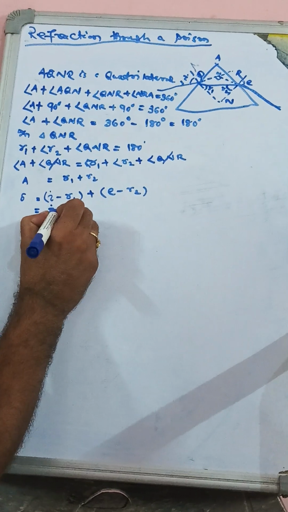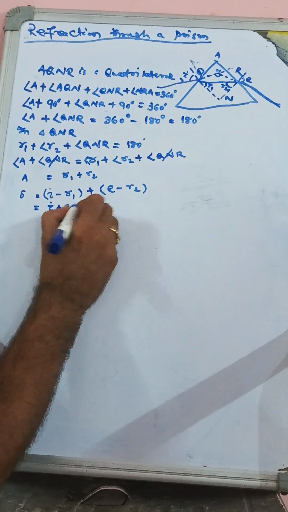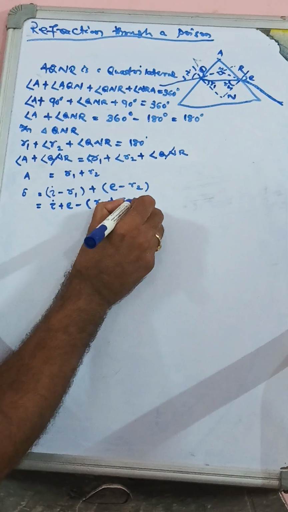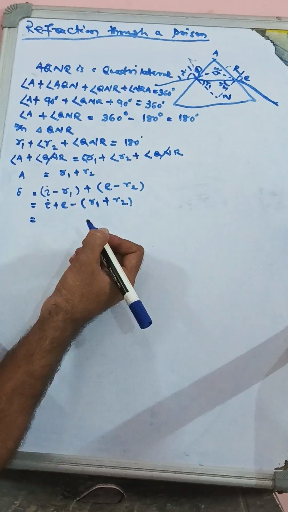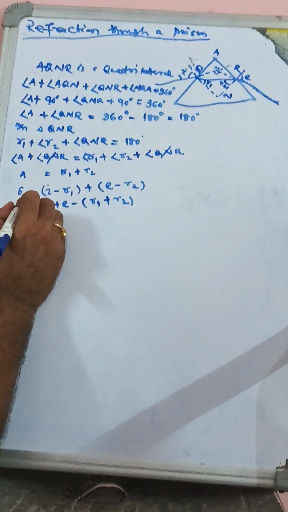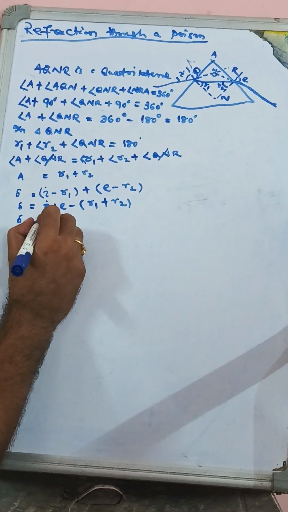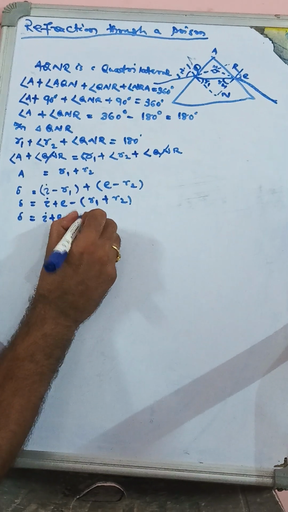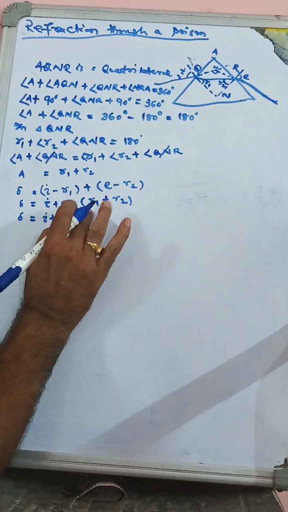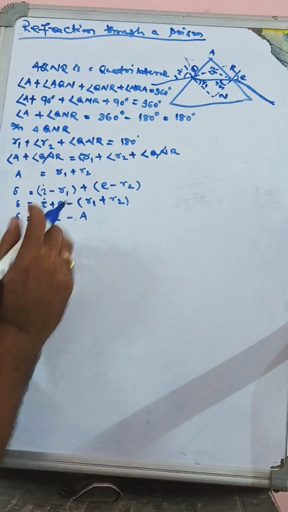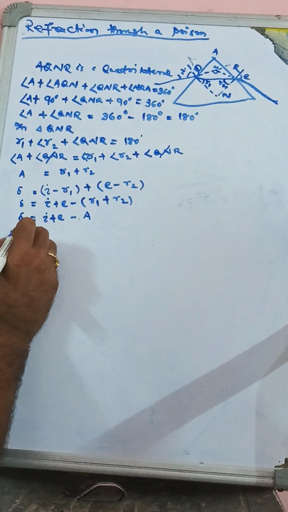I plus E minus R1 plus R2. This implies del is equal to I plus E minus A, the angle of prism.